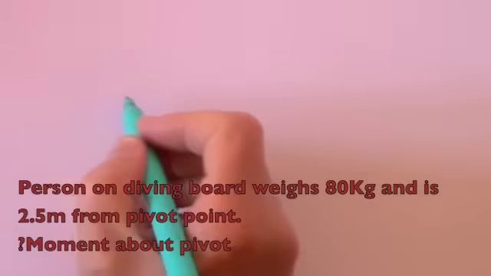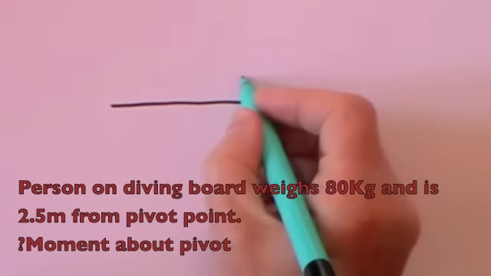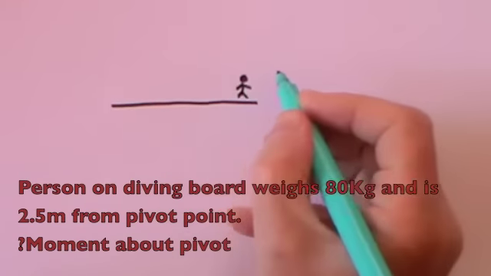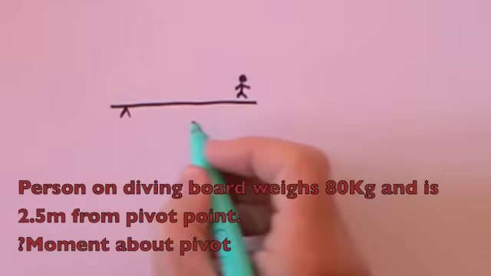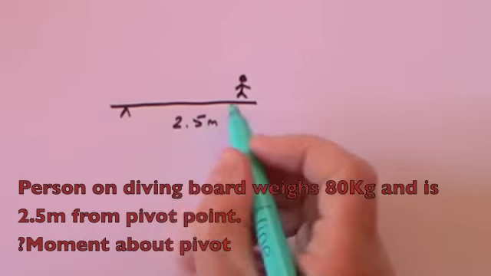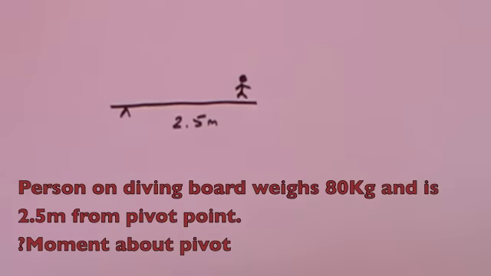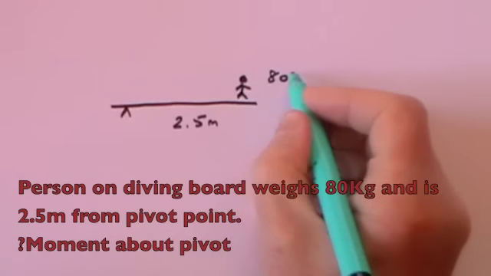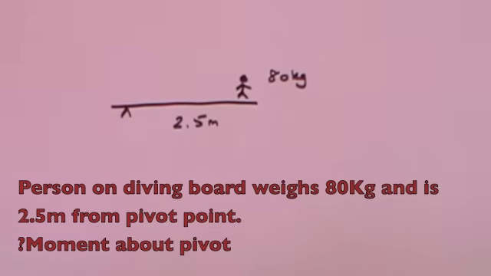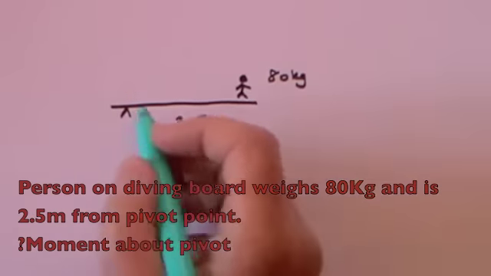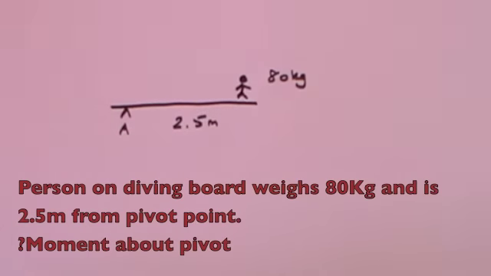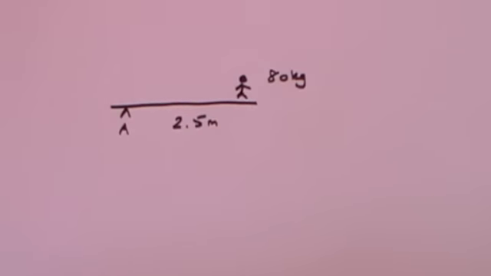Question 12. The person is on a diving board which is 2.5 meters away from the pivot point of the diving board, and that person has a mass of 80 kilograms. And the question is, what is the moment about this pivot point, which we'll call point A?